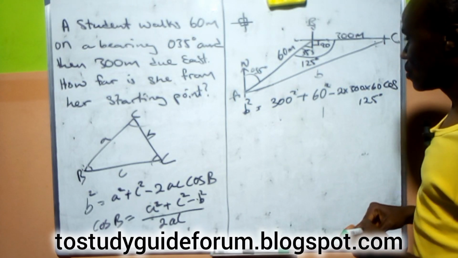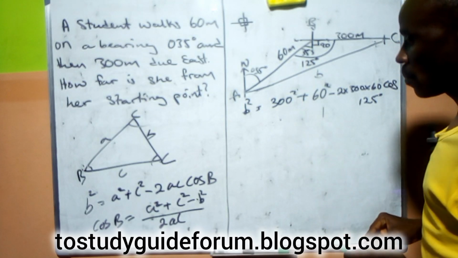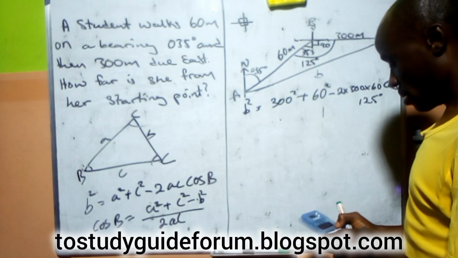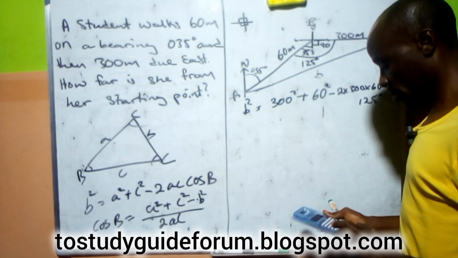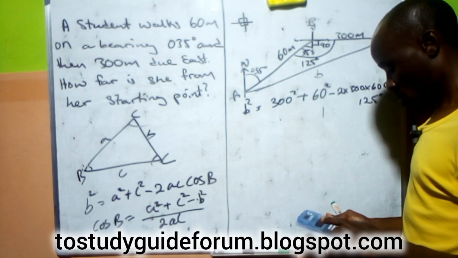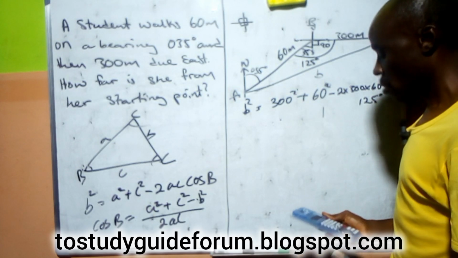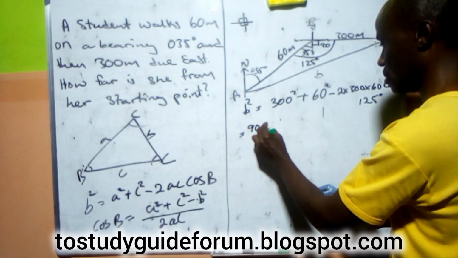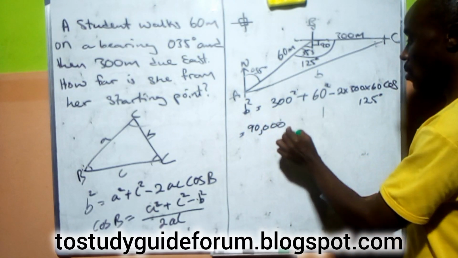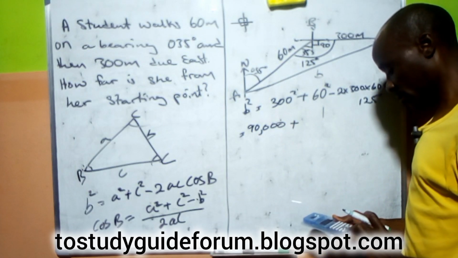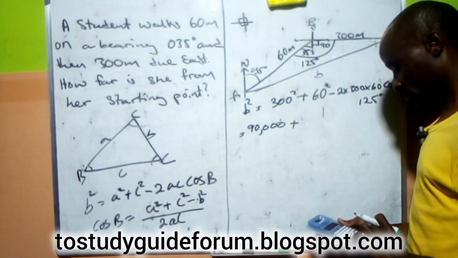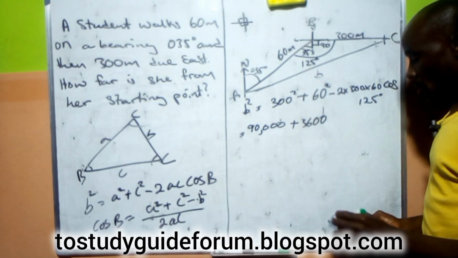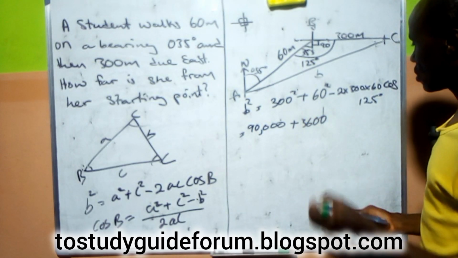Now let's square everything. 300 squared will give us 90,000. 60 squared will give us 3600.